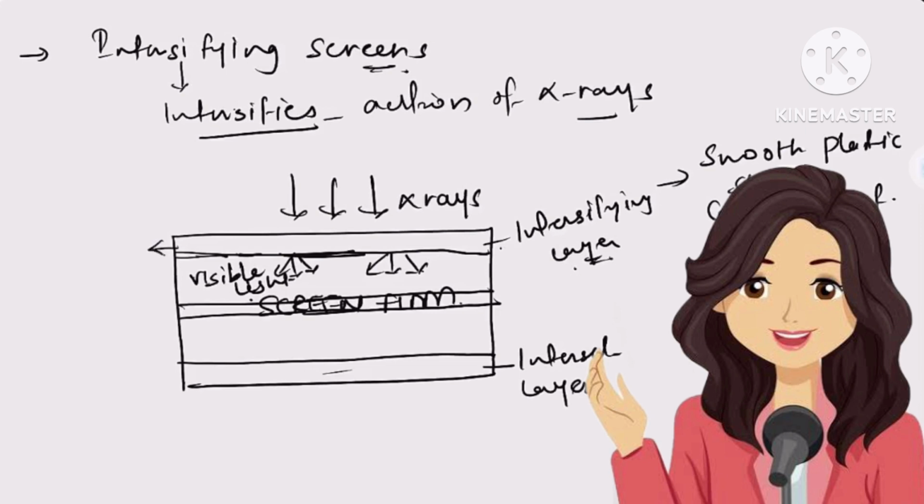So these are basically phosphor crystals. We expose it with the X-rays. This phosphor layer will intensify or convert it into visible light. Visible light then exposes the screen films. Therefore, I was talking about the blue light sensitive and green light sensitive, depending on the composition of film. It will be exposed to the radiation.